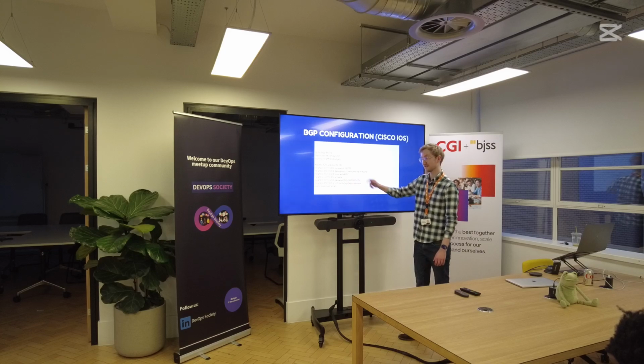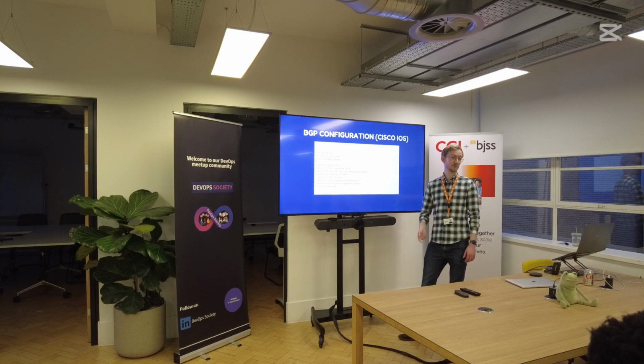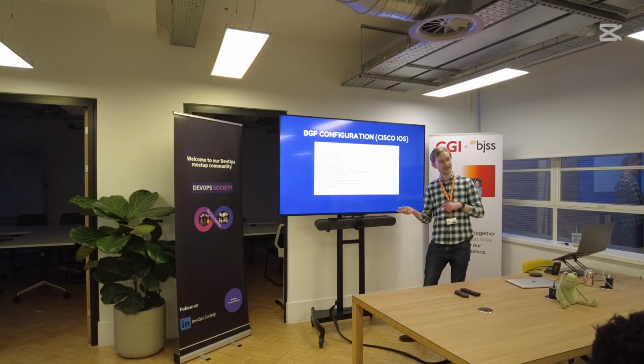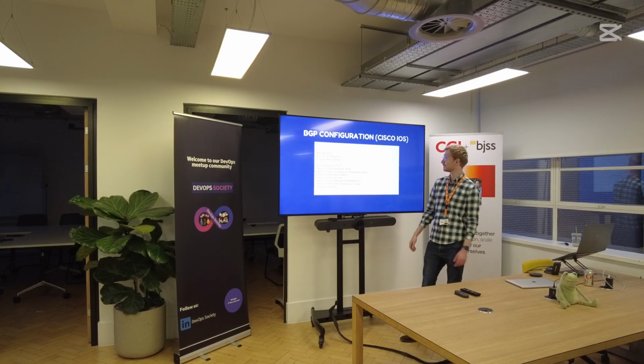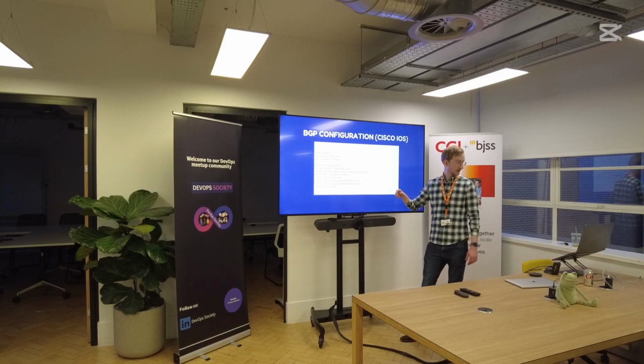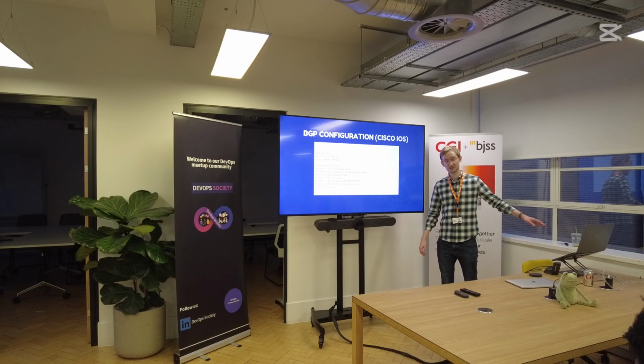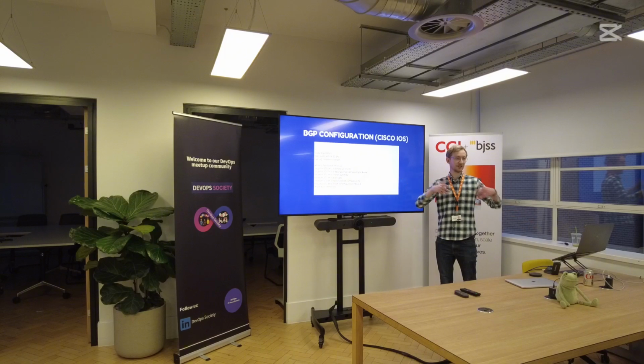And what that does is it sends all the routes that are known by this router over to Azure. So we're sharing the routes from our data center to Azure, and Azure is sharing the routes back to us. So for example, if you have a virtual network in Azure, it will let my PC know that if I want to connect to 10.0.0.0, that's a network in Azure and not in my network.